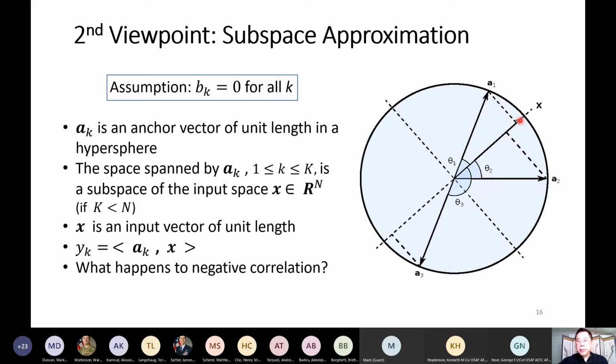The projection can be positive, and it can be negative. And then what ReLU is trying to do is clip the negative projection and only preserve the positive projection. I started this in 2014-15, and I had the question of why we need this ReLU and why we clip the negative correlation.